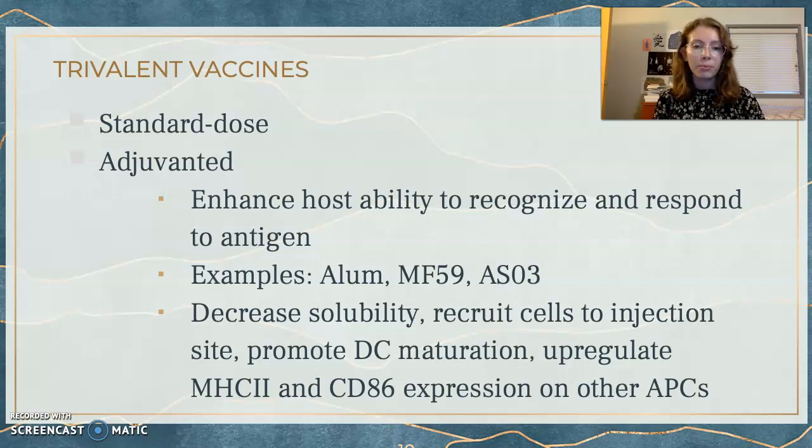What they do is help retention of the antigen in the injection site to allow an immune response to be stimulated. They're also known to recruit cells to the injection site, promote dendritic cell maturation, and they upregulate MHC2 and CD86 expressed in other antigen-presenting cells like monocytes and macrophages.